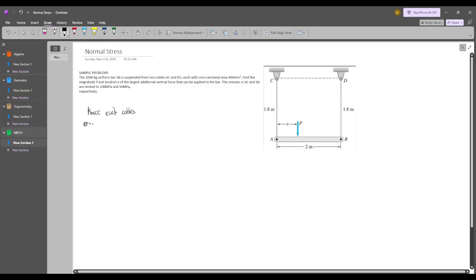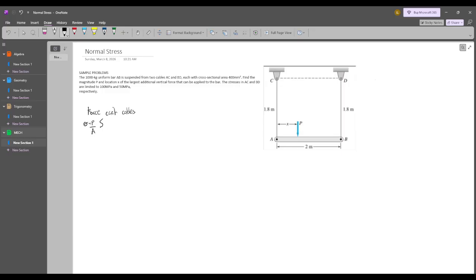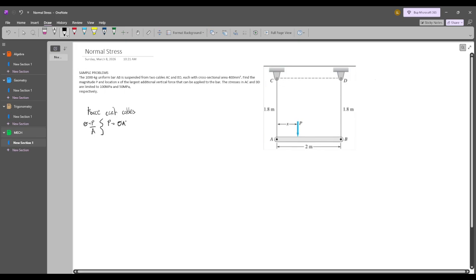Remember that the formula for stress is σ equals force over area. Since we are missing the force, we'll just cross multiply, and that gives us P equals σA. There you go. Substitute the values.